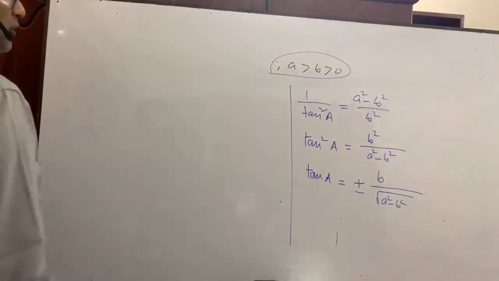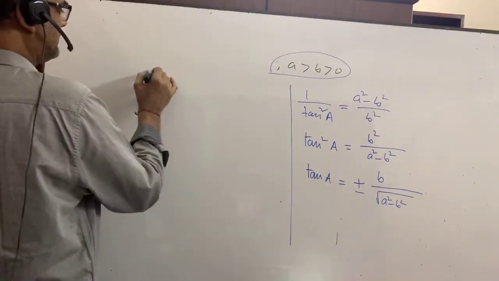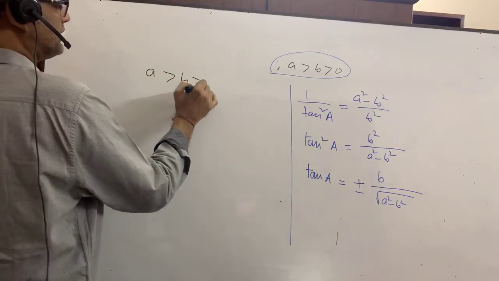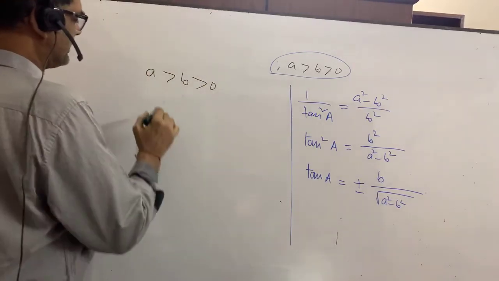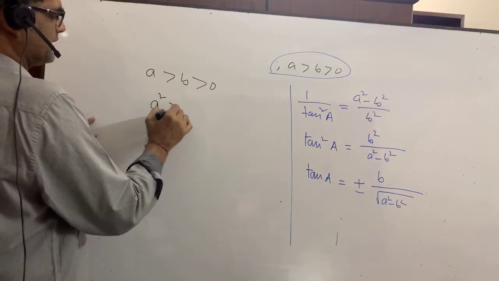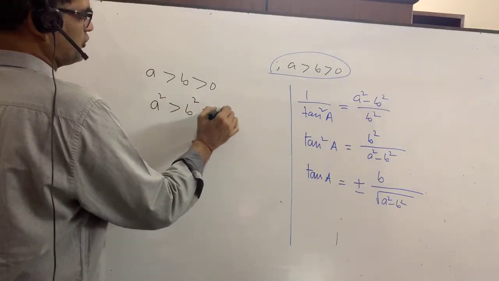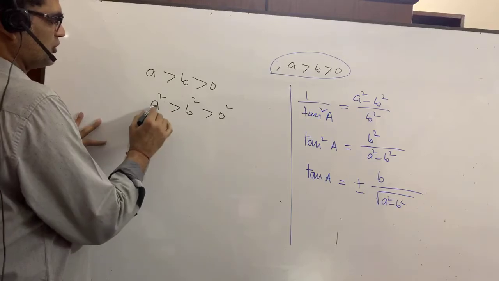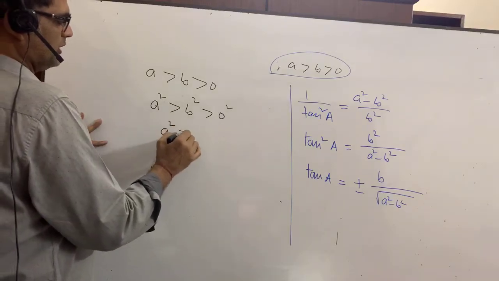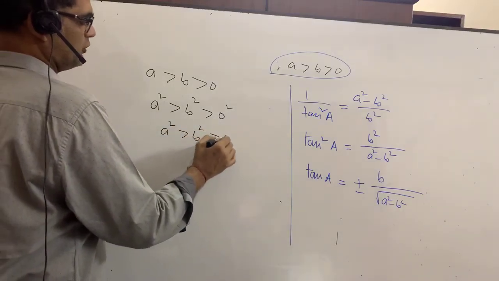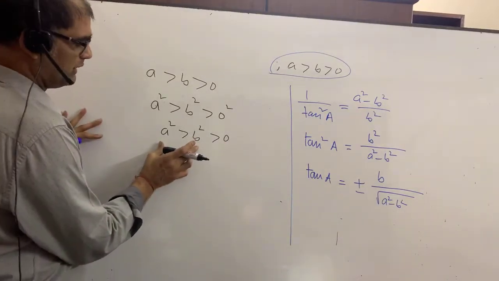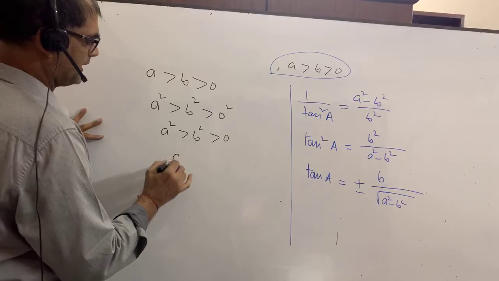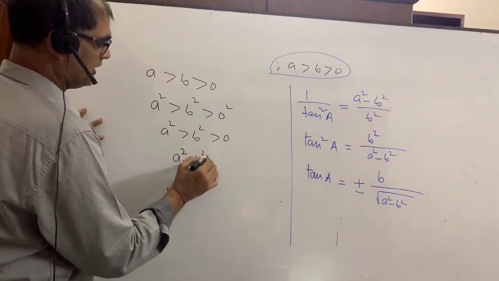Now you see it is given here a greater than b greater than 0, right? Very good. Squaring both the sides, a square greater than b square greater than 0 square. So I can get this, and we get a square minus b square greater than 0.